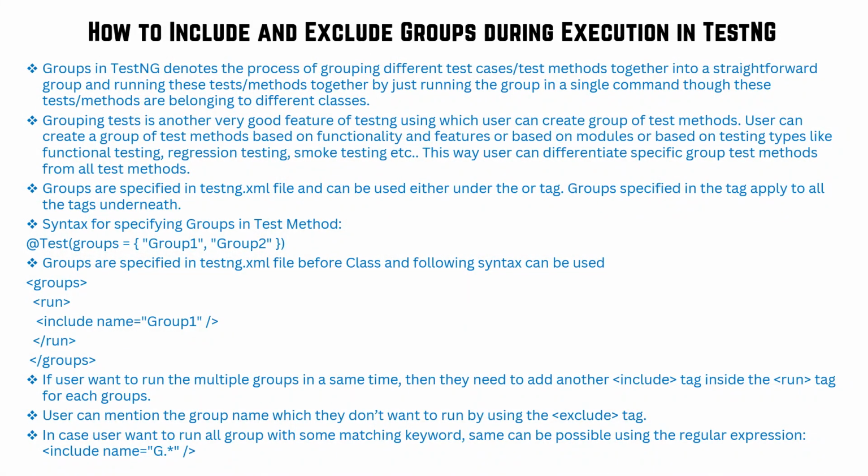So a group in TestNG denotes the process of grouping different test cases or test methods together in a single group and running these test methods together by just running the group in a single command. These test methods can belong to different classes or different packages as well, that does not matter.